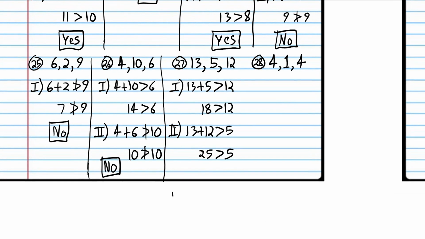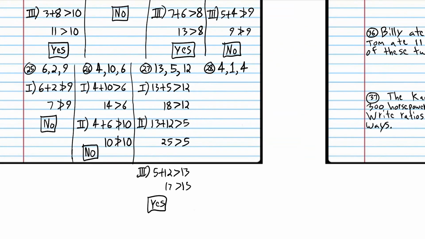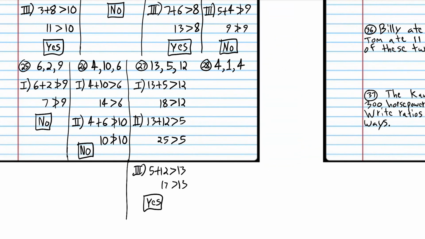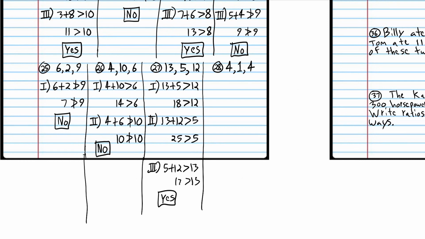And the third inequality, 5 plus 12 must be greater than 13. So is that correct? And yes, it is. So the answer is yes, we can make a triangle out of those side lengths. And sorry I went off the page there. Just ran out of room. So if you got those answers, good job. Try number 28, and when you come back, we'll do it together.